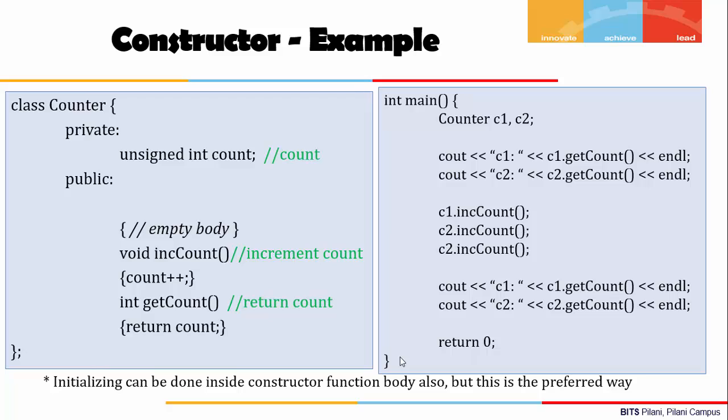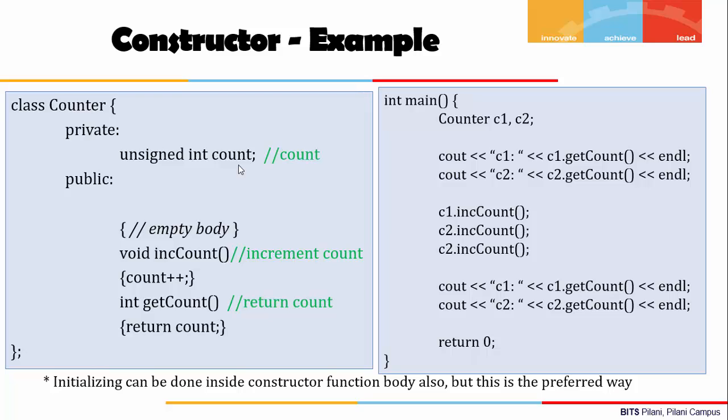So we created a class of counter. Sorry, it consists of a count variable which can be accessed only through its member functions. Here, the constructor, if you see, has exactly the same name.